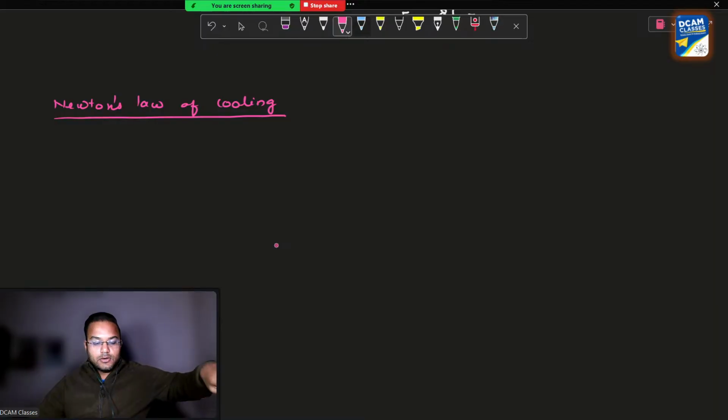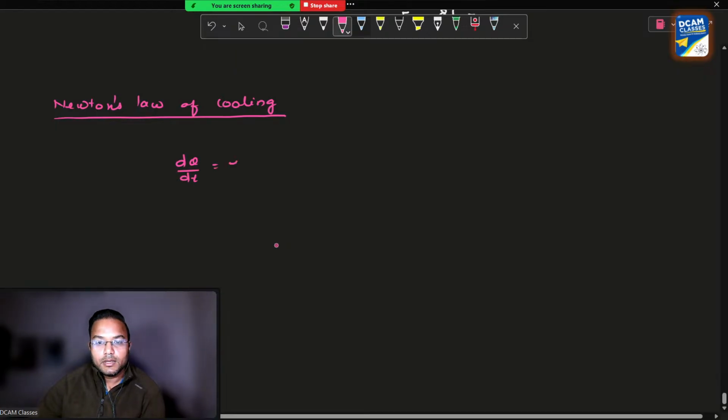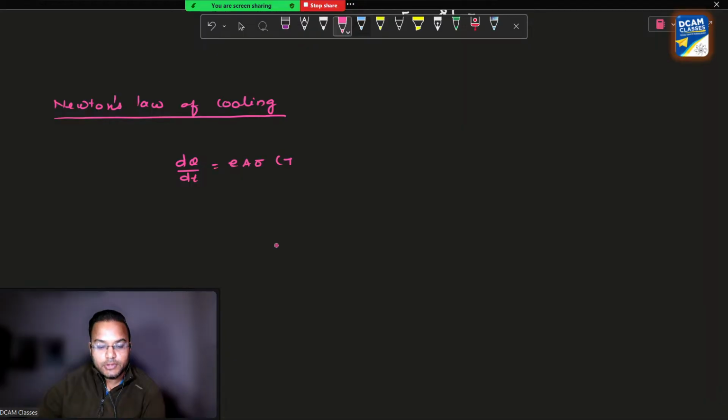See, Newton's law of cooling, we know from this radiation, dq by dt is actually equal to EA sigma into T power 4 minus T naught power 4.